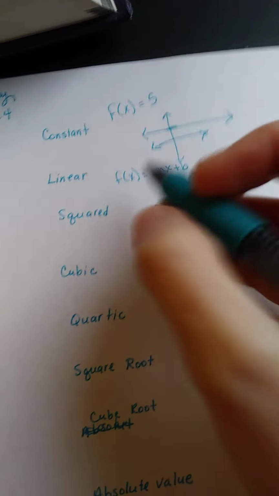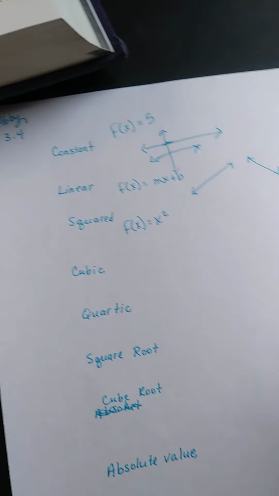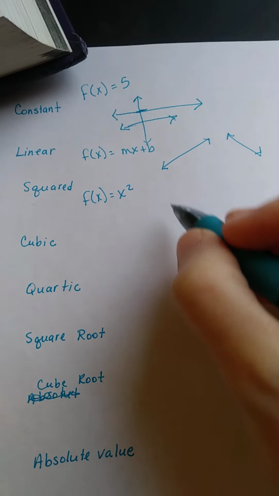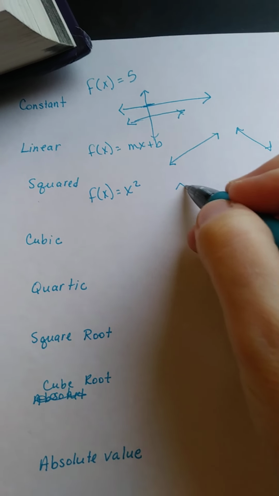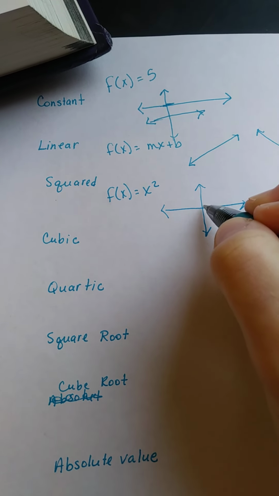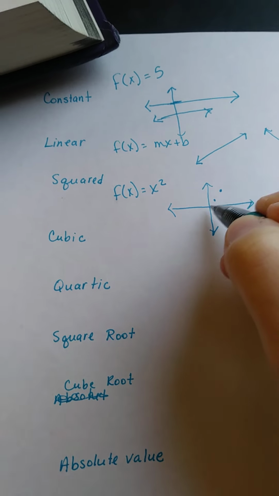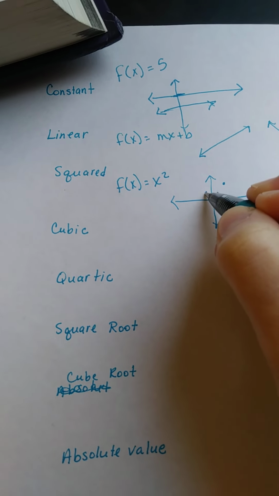Then we have squared. That's what it sounds like. Any number squared. Now think about what happens when we square a number. Our positive numbers, 1 squared is 1 and 2 squared is 4, and they go up. But when you square -1, you also get 1.